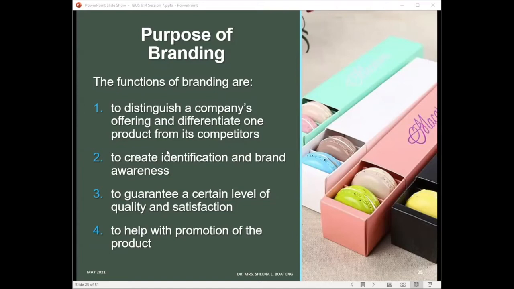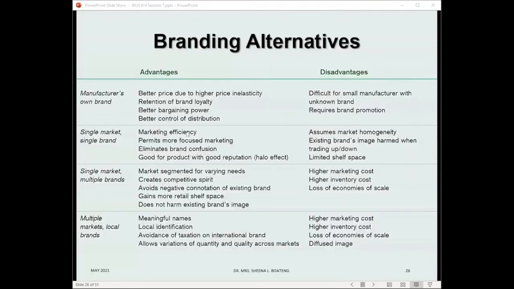And that is because branding goes deeper in terms of influencing consumer perceptions and actions, by distinguishing a company's offering and differentiating it from the competition, creating some kind of identity for their product or service, and creating awareness for it as well. It also guarantees a certain level of quality and satisfaction, which helps the firm to promote their product or service very easily. And as a result, branding is a key part of global marketing mix strategy when it comes to product decisions.